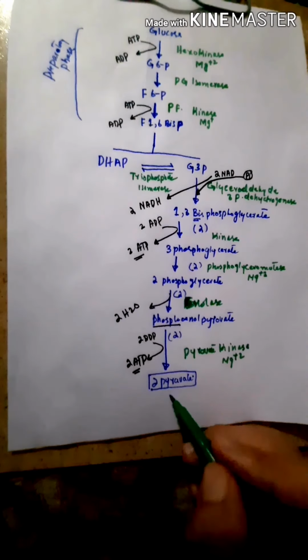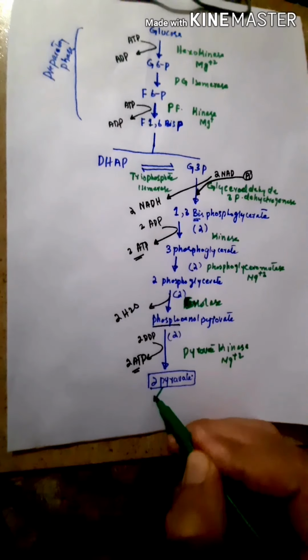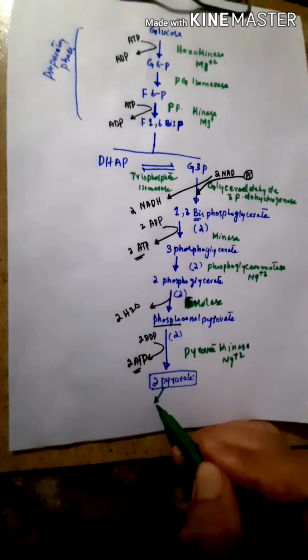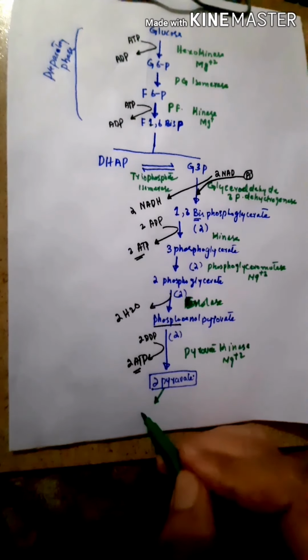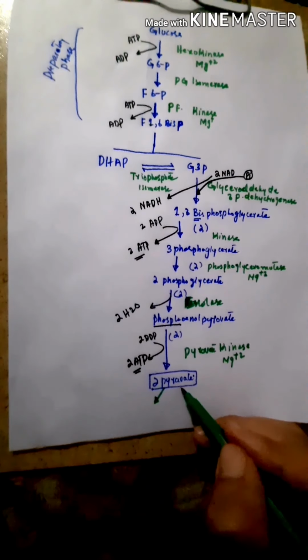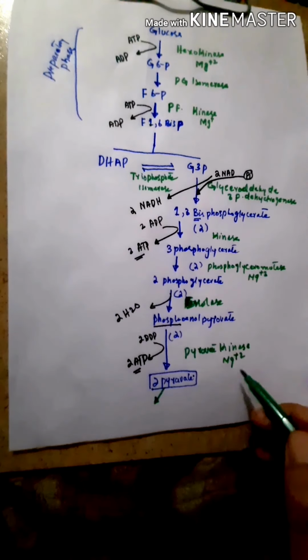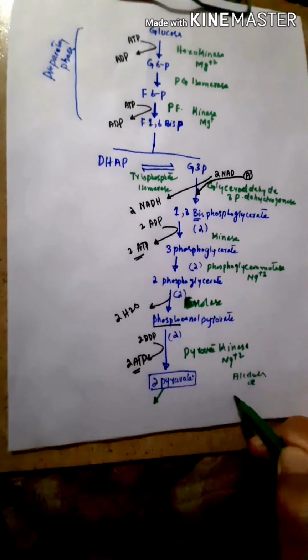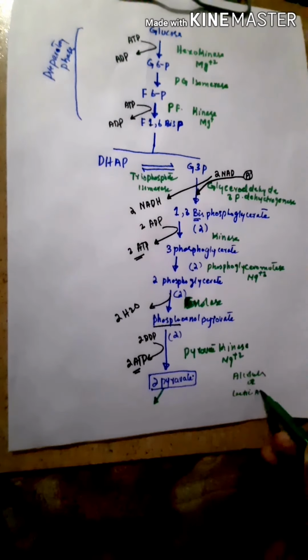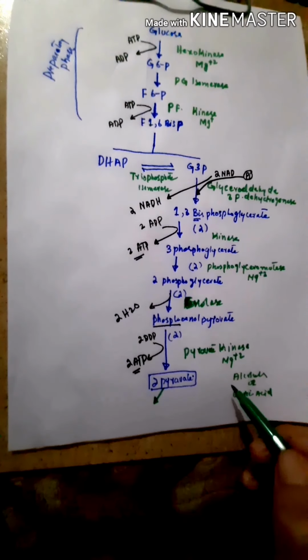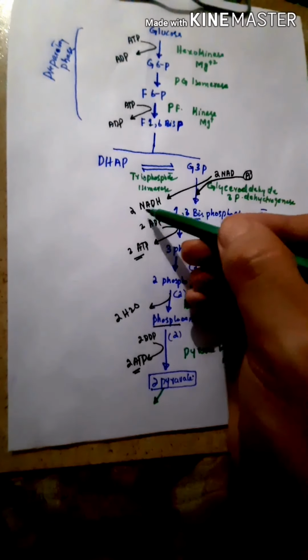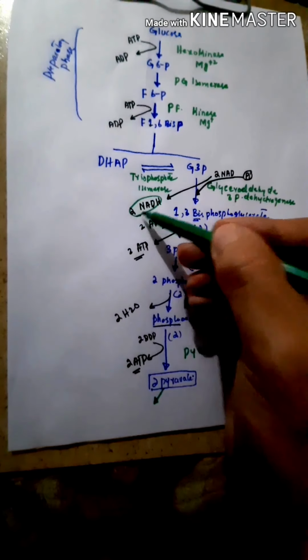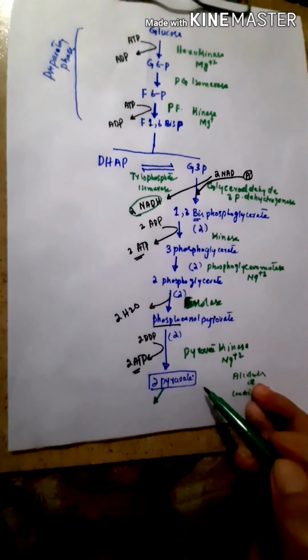Now this pyruvate molecule either goes to the Krebs cycle and electron transport chain in aerobic respiration, or it may be used to make alcohol or lactic acid in the presence of NADH2 in anaerobic glycolysis.